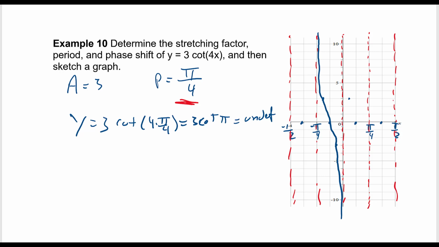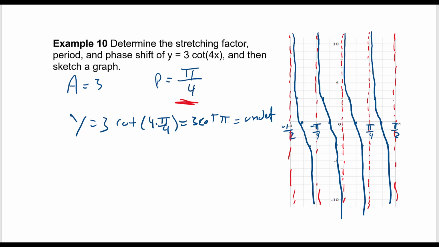I try to fix it, but drawing on a computer screen is not my strength. And there, and there, and there, and there. Okay, so we have our curves, and there's our graph. So our stretching factor is 3. There's no phase shift, but we do have a period of pi over 4.